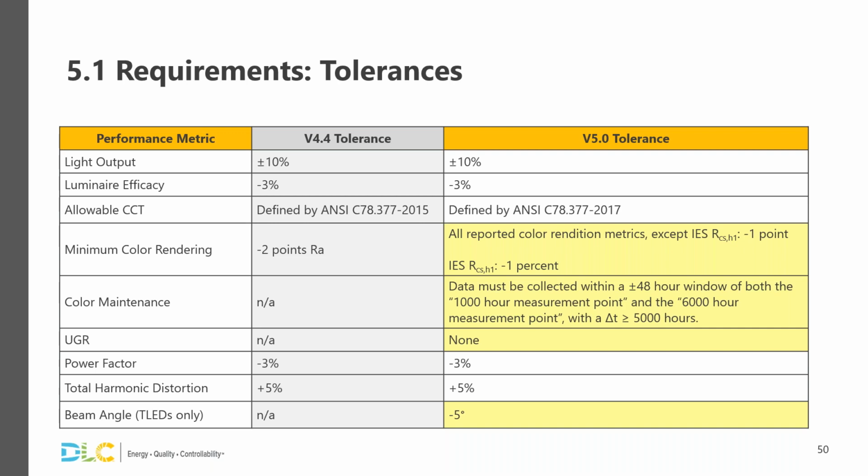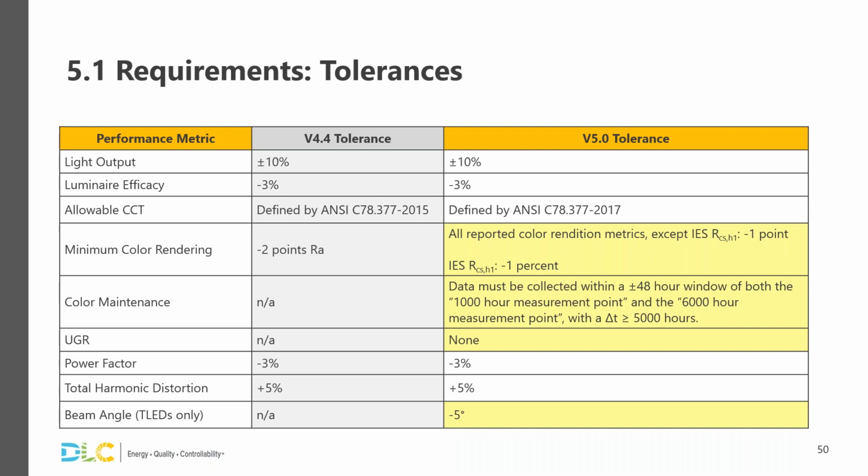Updates include color rendering, color maintenance, and there's also a mention of beam angles for linear replacement lamps, also known as TLEDs, abbreviated there. Again, we're going to go over that in a little bit. So please take a look at the technical requirements for full information on tolerances.